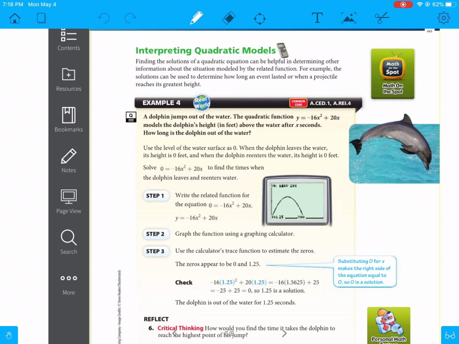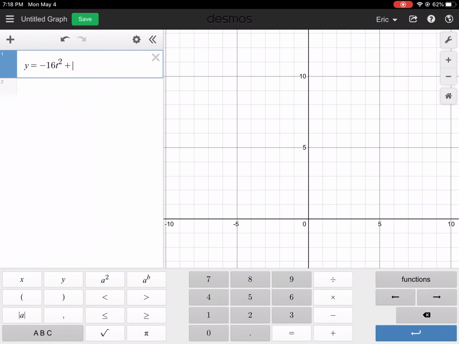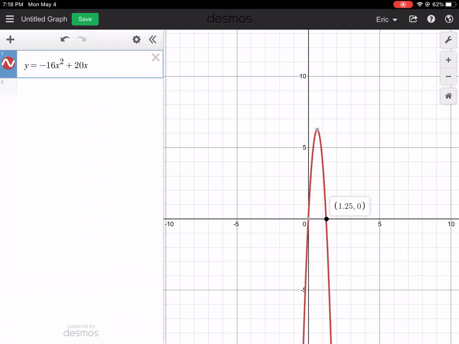So we're going to put this into Desmos: y equals negative 16x squared plus 20x. So that is the calculator, and you can see, hey look, it's out of the water for 1.25 seconds. So it goes up, it's at 0 and then 1.25 seconds.